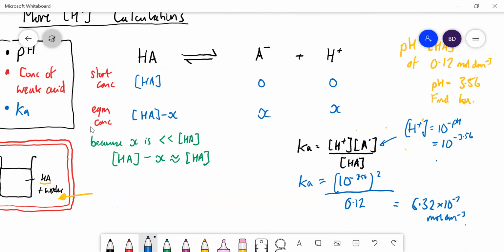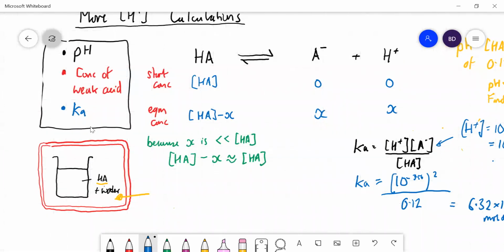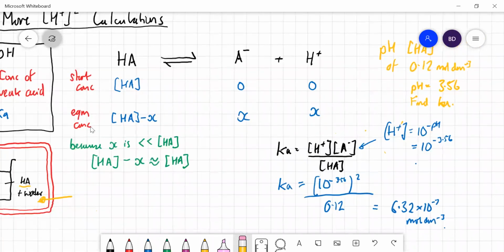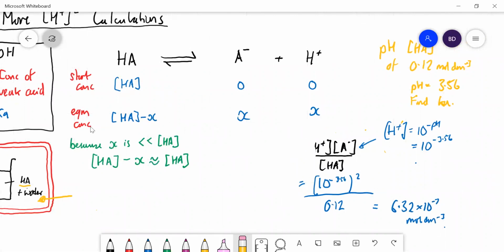Finally, the final one we haven't done is when you're given the pH and you're given the Ka, and you have to say what was the concentration of the weak acid. So let's do that one.